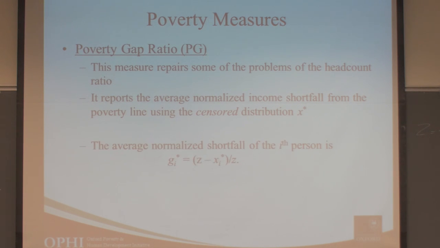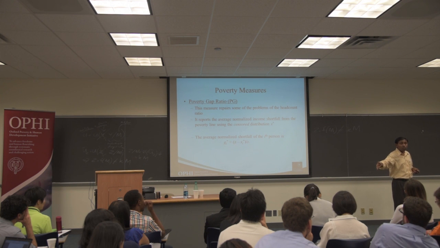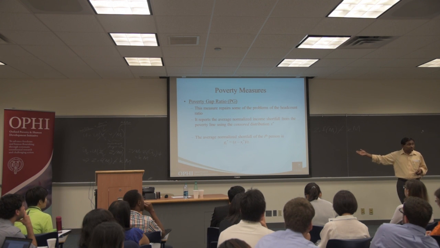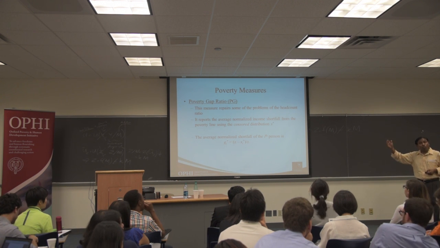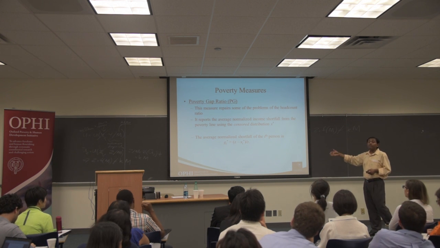You take the normalized shortfall of each person, which is denoted by g_i star, and is just z minus x_i star divided by z. Those who are identified as non-poor, how much value do they get? 0, right? Those who have already crossed the poverty line or are on the poverty line get a value of 0.